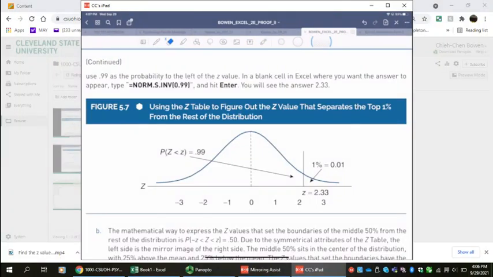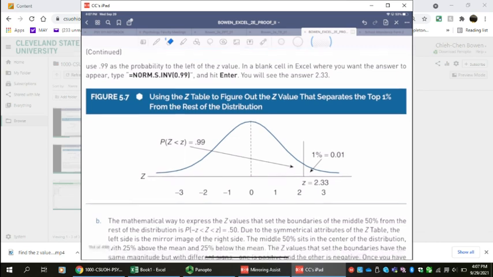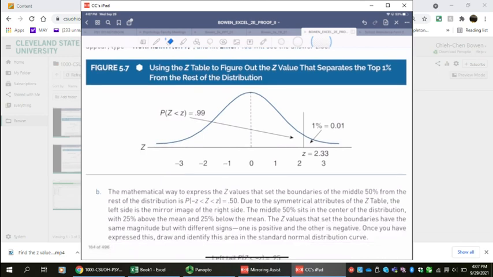This video is to show you how to find a z-value when you have a known probability. As you can see on the screen, we have to solve for a z-value that separates the top 1% from the rest of the distribution.